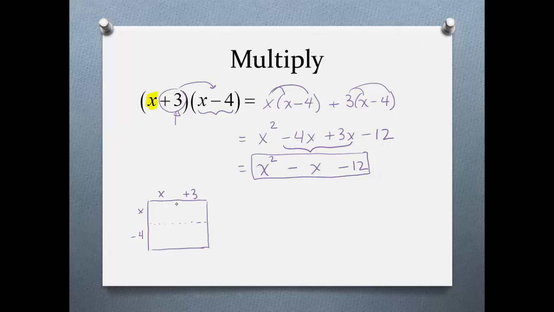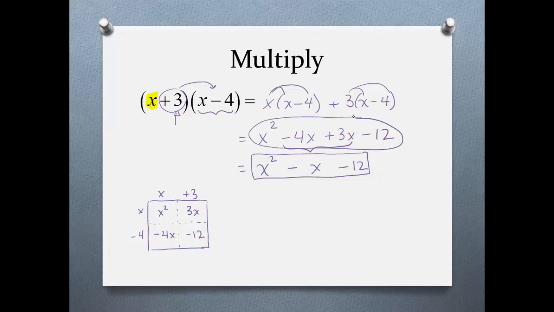And if I multiply the terms together, x times x gives me x squared, x times 3 gives me 3x, x times negative 4 gives me negative 4x, and negative 4 times 3 gives me negative 12. And you'll notice that the terms that I end up with inside the rectangle here are the same as the terms that I have up here.